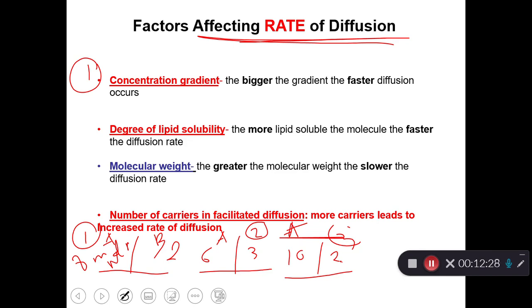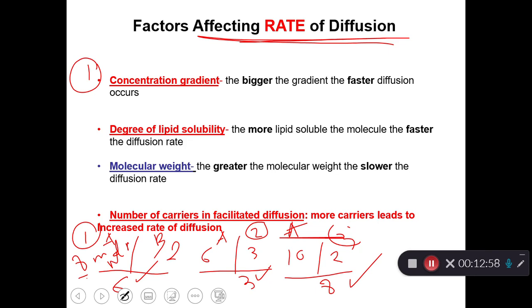In case number one, it's 8 minus 2, so the difference is 6 molar. In the second scenario, it's 6 minus 3, so it's 3 molar. In the third case, it's 10 minus 2, so it's 8. So the third scenario has the fastest rate of diffusion, followed by the first one, followed by the second scenario.